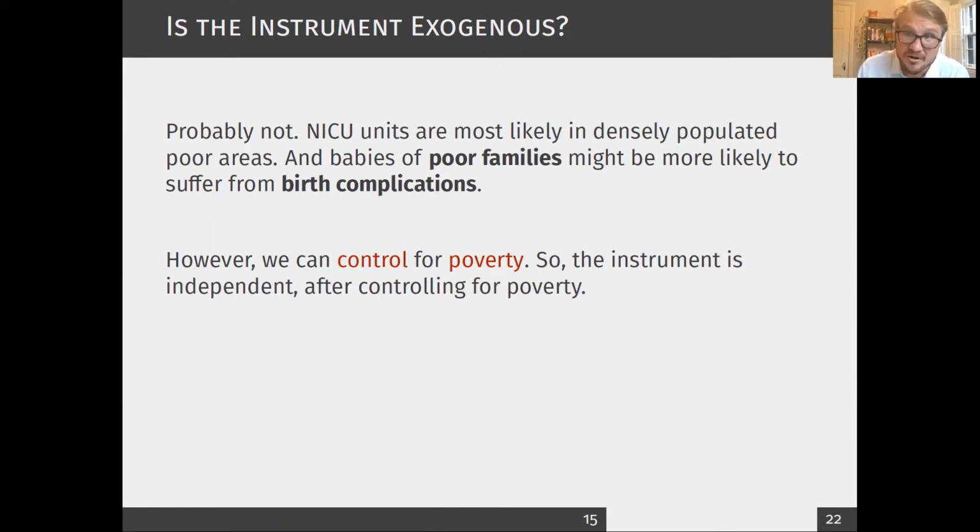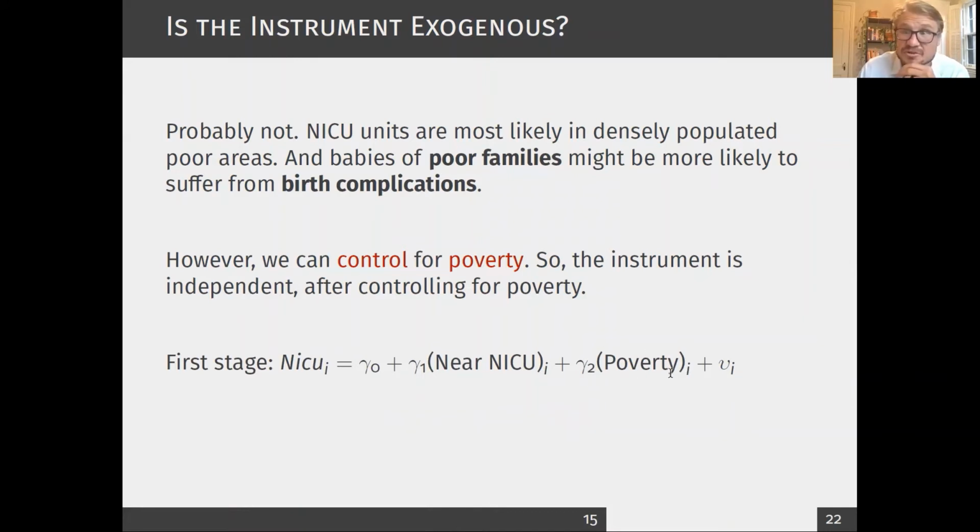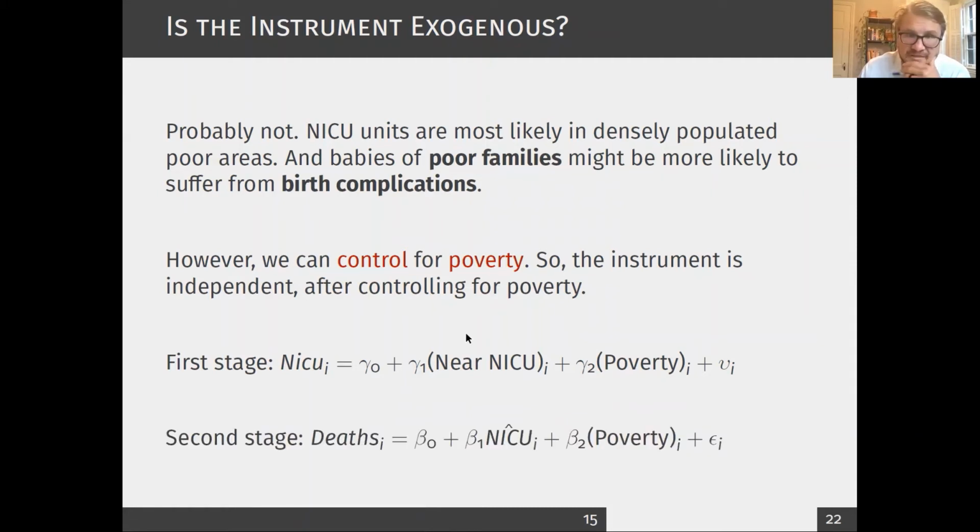After controlling for poverty, it is in fact independent. And so the first stage would also include this variable, which is basically the poverty status of the community where somebody comes from. And then the second stage, very importantly, includes the same control variable that was included in the first stage.